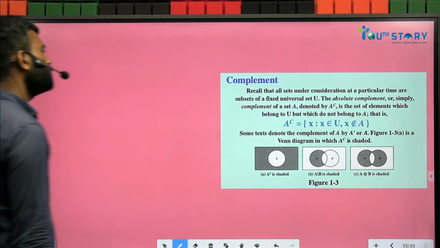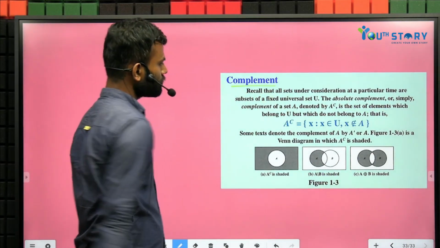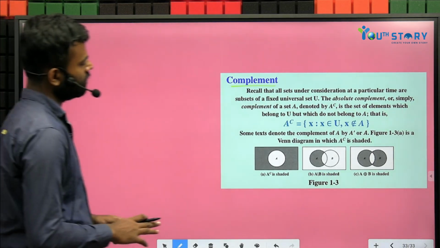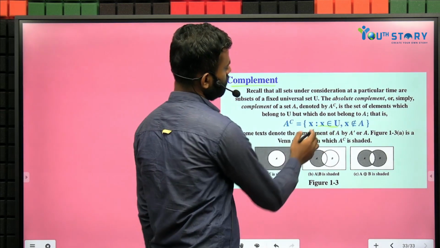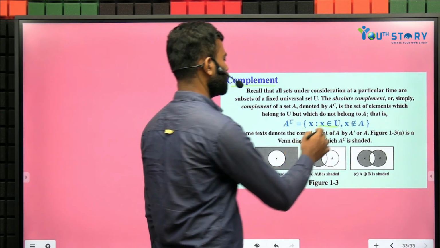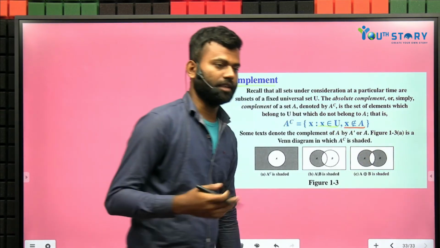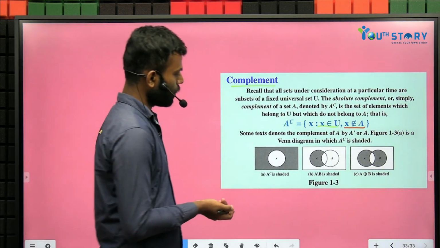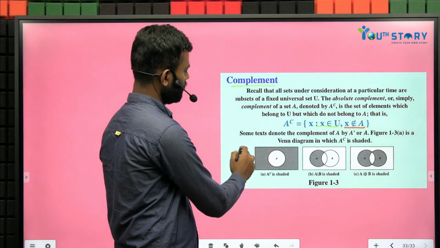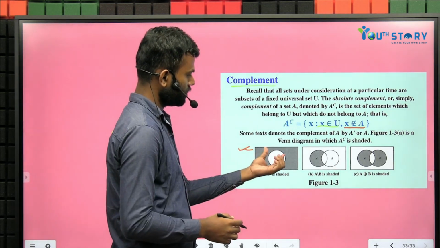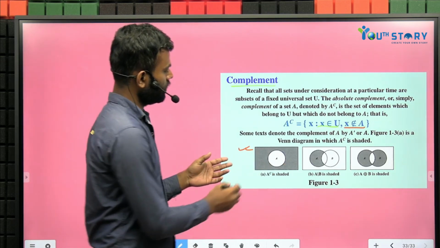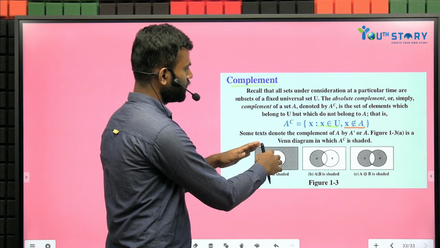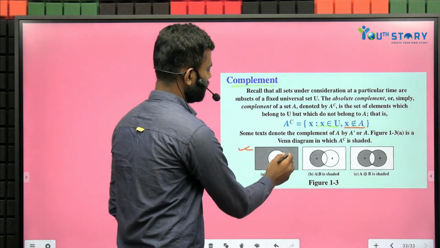We define the complement. Complement means we take all those elements from the universal set which are not a member of A, and this will be the complement of A. If we look at this Venn diagram, the complement of this set A takes all the members outside of A, so this part.